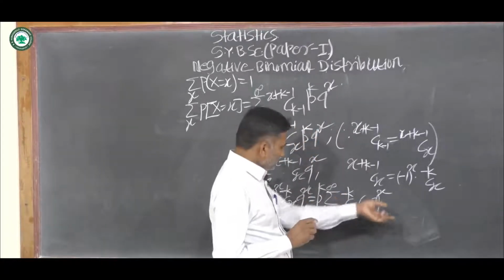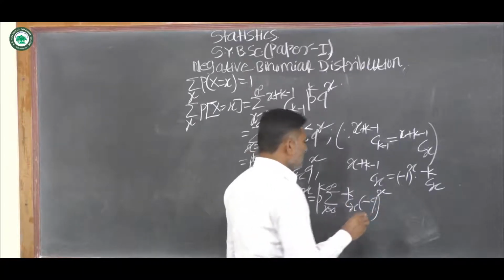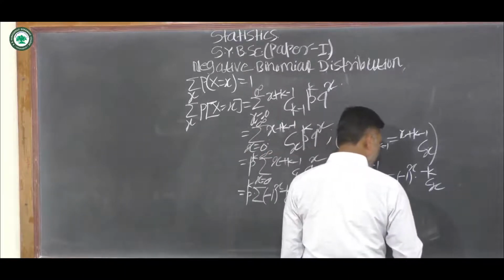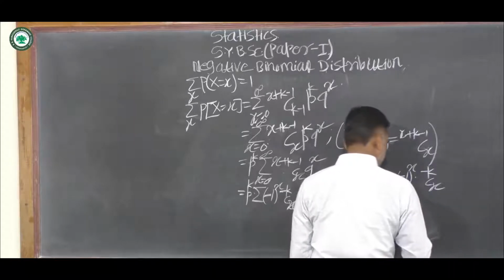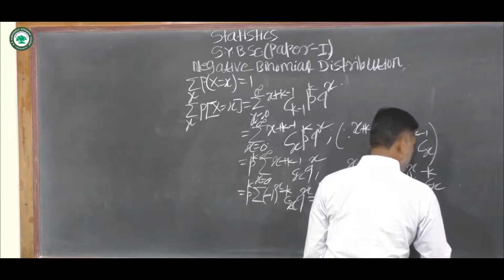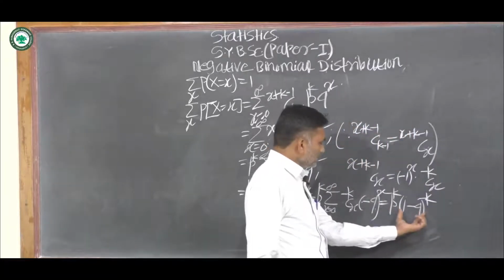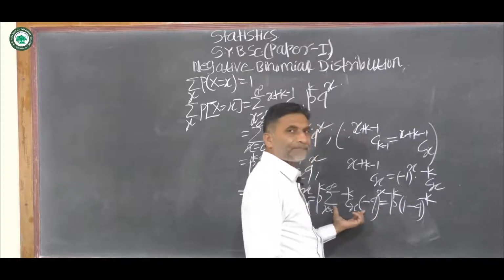Then the value of this summation is equal to p raised to k into bracket 1 minus q bracket raised to minus k. This is the sum of this series.